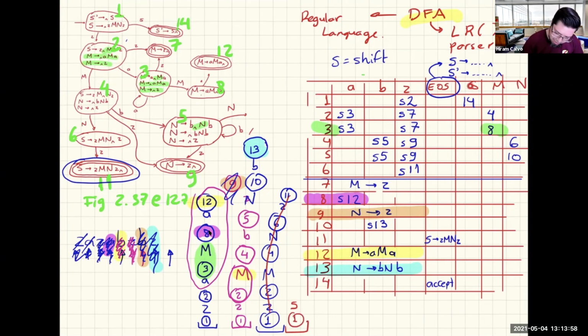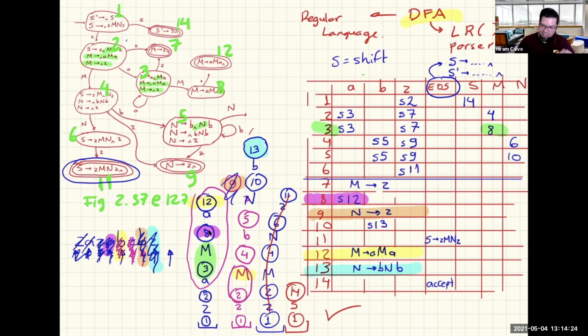1 and S says move to 14. And finally, 14 and end of string, accept. And this is it. So nice. So it's complicated, but please note that in no moment did we have to think of the ambiguity of this grammar.